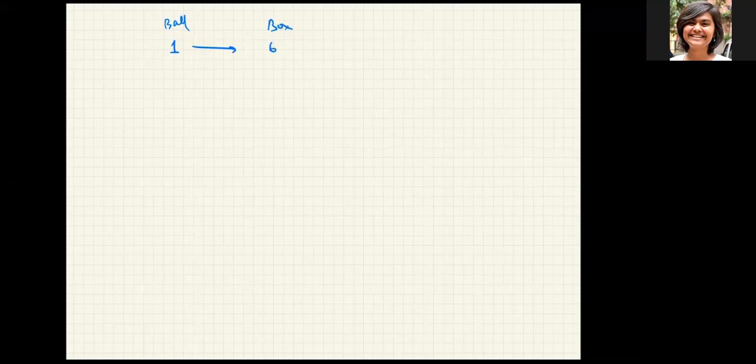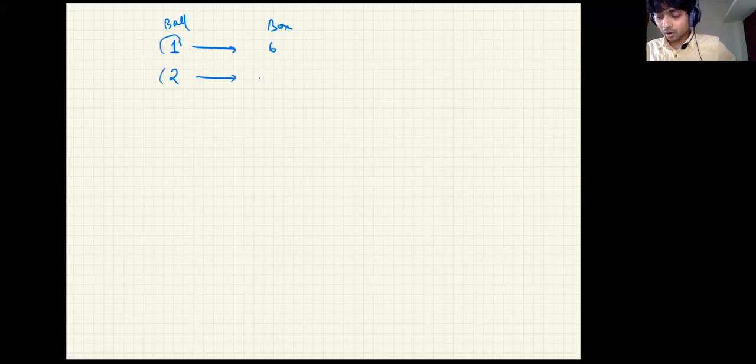So ball 1, you're associating which box? Ball 1 has 6 options to get into, and similarly all the balls have 6 options to get into, right? So what goes wrong here? Because you're doing ball 1, ball 2, ball 3, and so on. They are not different.